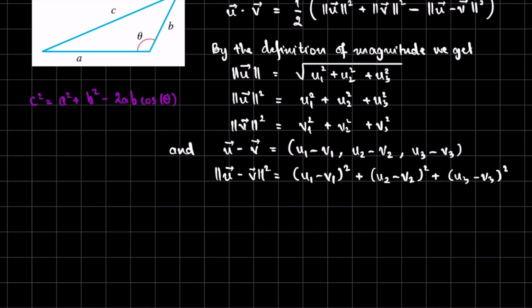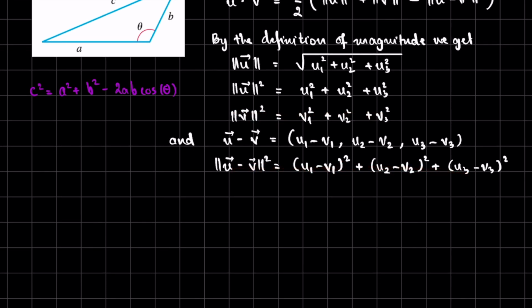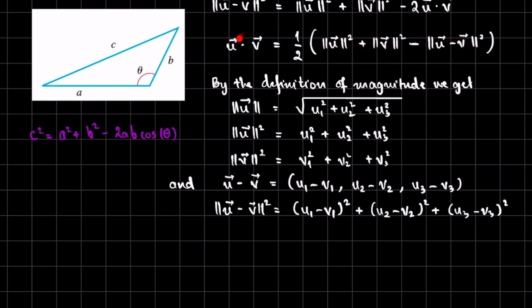Then with these calculations of the magnitude of u squared, the magnitude of v squared, and the magnitude of the difference squared, you substitute back into this equation. I'm going to call this equation star.